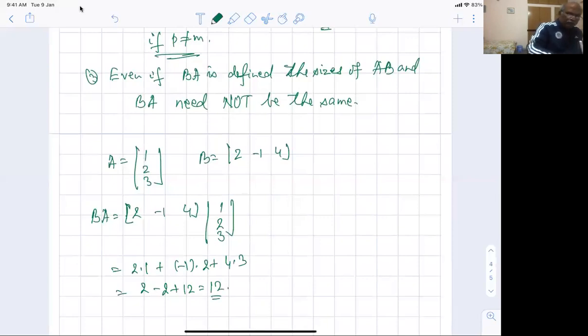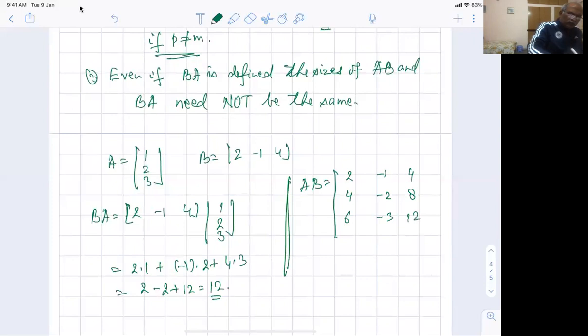But what about AB? If I want to get AB, AB will be, just look at here, 2, -1, 4: 2 into 1 is 2, 2 into -1 is -2, 2 into 3 is 6, and so on. So this is what the matrix will be. I would like you to see here, which is an important idea, that this entry was the same as this entry.